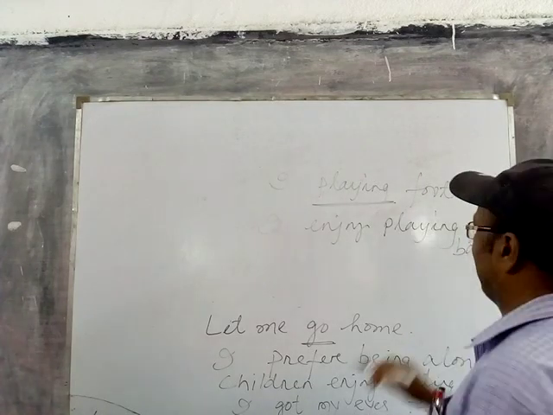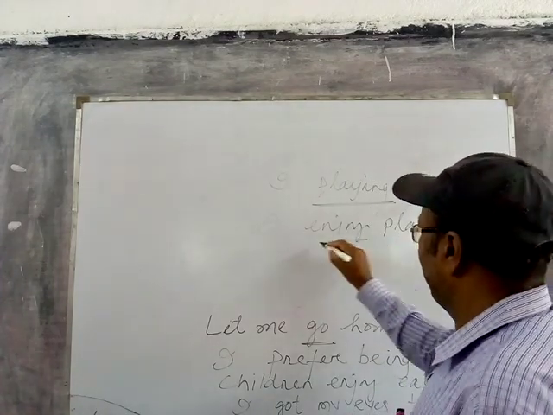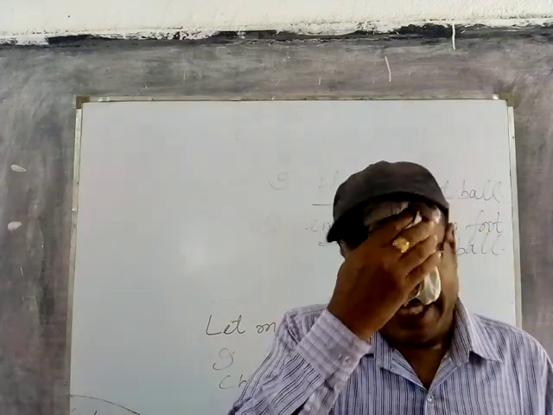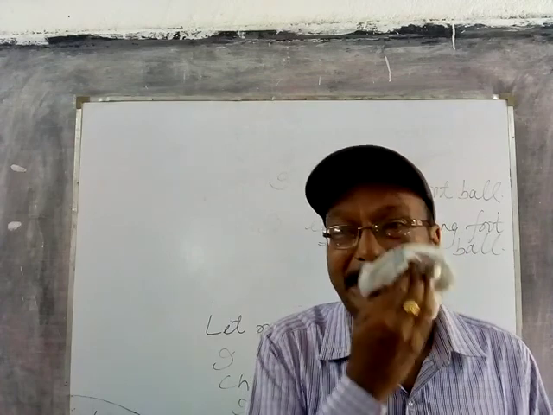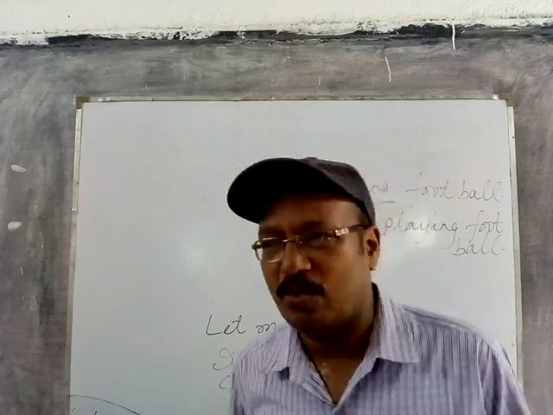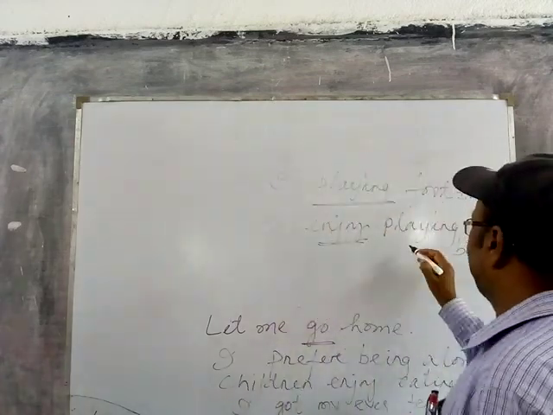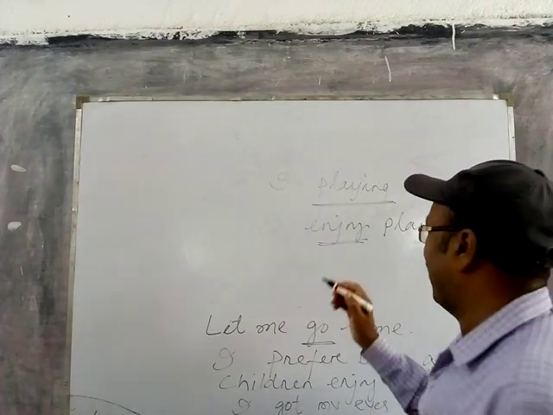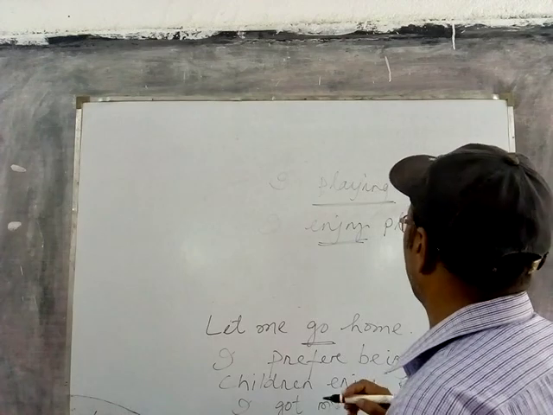It is a correct sentence. How? Now enjoy refers to the finite group. Enjoy speaks to us about tense form. So there is no role of playing here. So it is a sentence. I enjoy playing football.